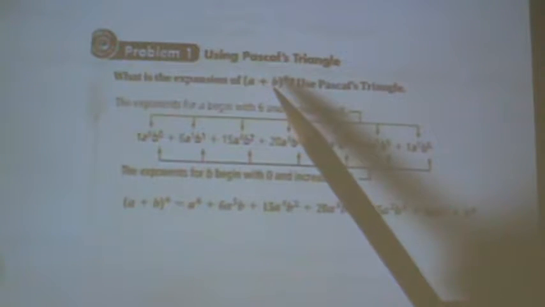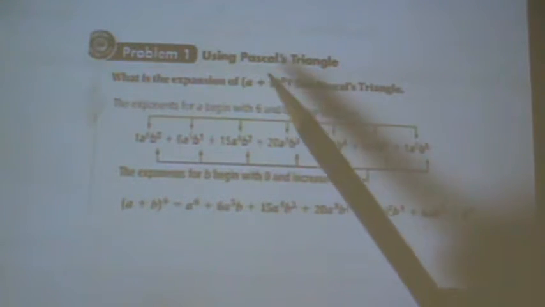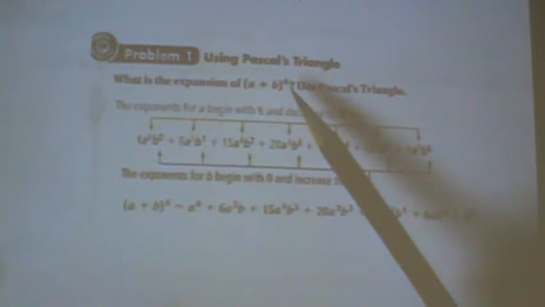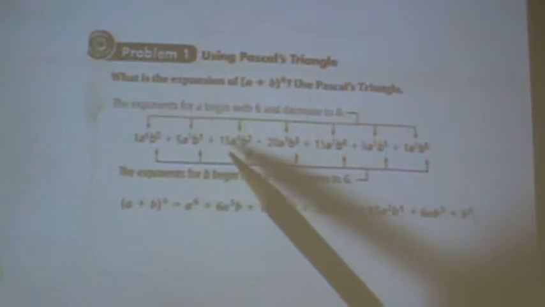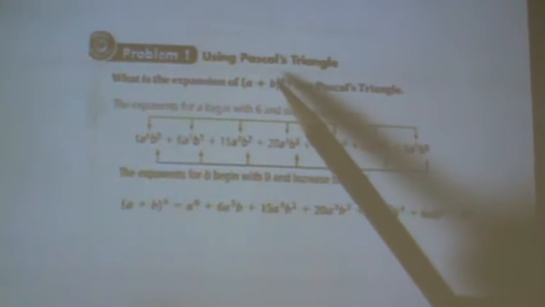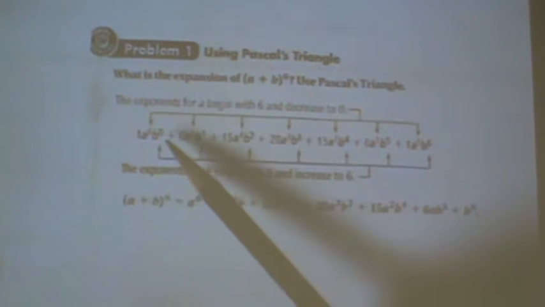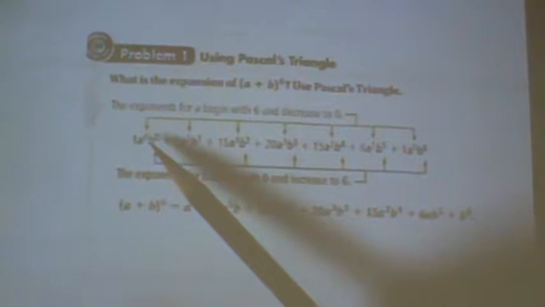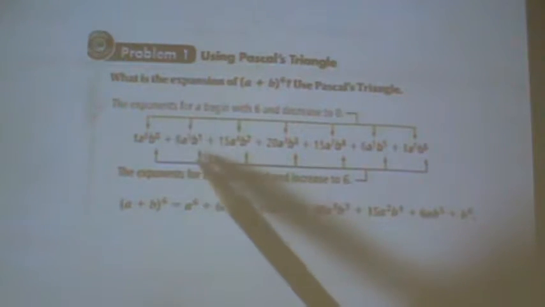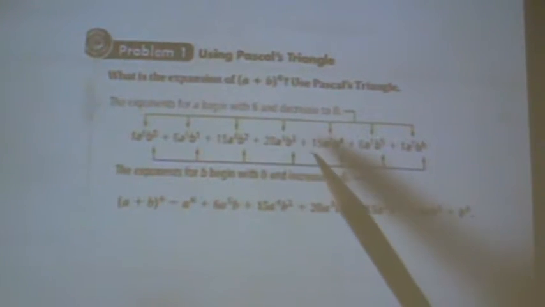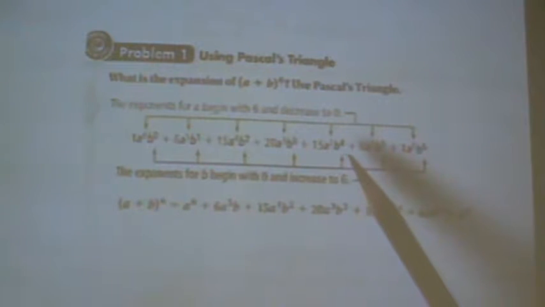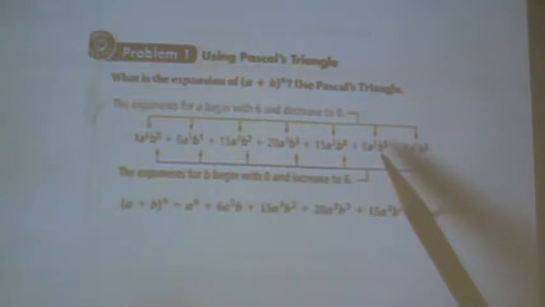Now your second term, in this case the b, starts out at a power of 0 and will increase by 1 until you reach the power that you're going to. So in this case 6. So b starts out as b to the 0, then you have b to the 1, b squared, b cubed, b to the 4th, b to the 5th, and b to the 6th.